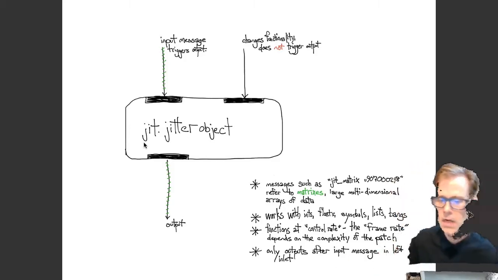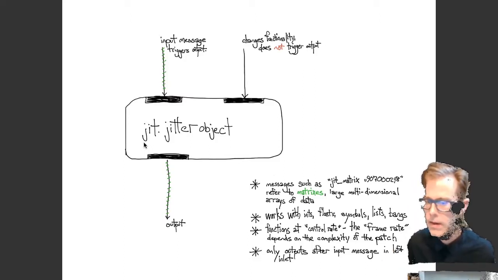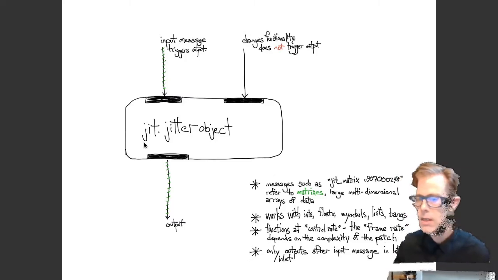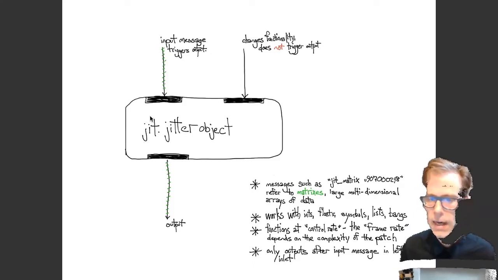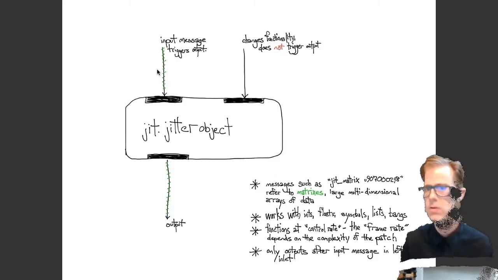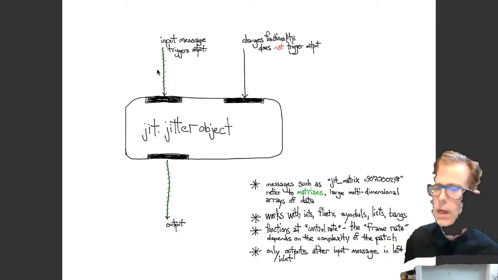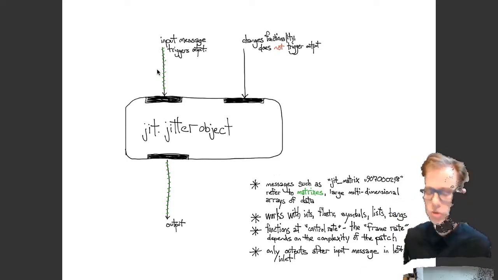These are all examples of Jitter objects. You can also tell that a signal that's going in and out of Jitter objects is a special matrix or texture signal because it has green stripy patch cords. So when you see those green stripy cables going in and out of objects in a Max patch, you know that that is a Jitter message.